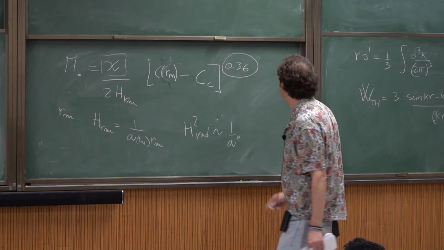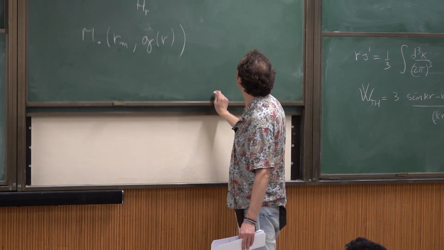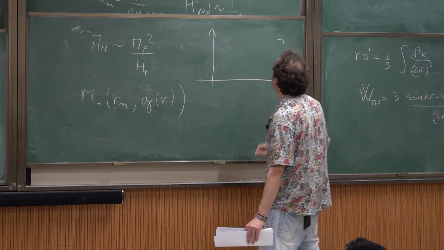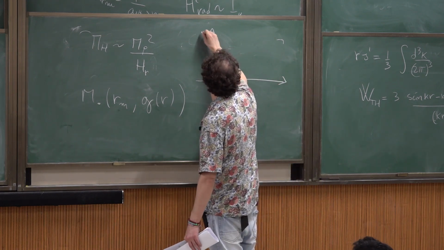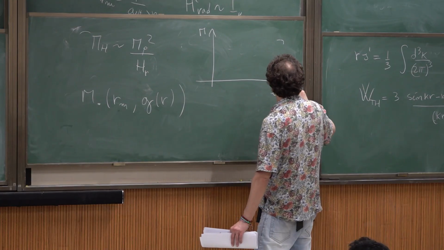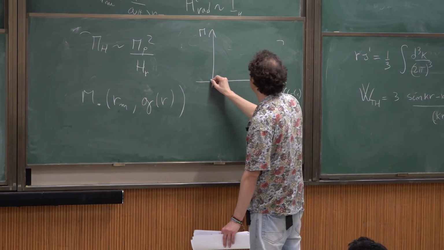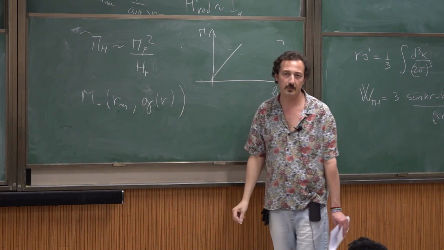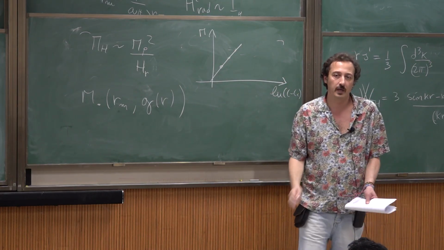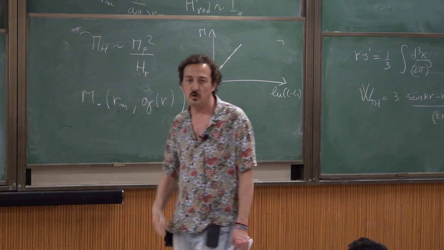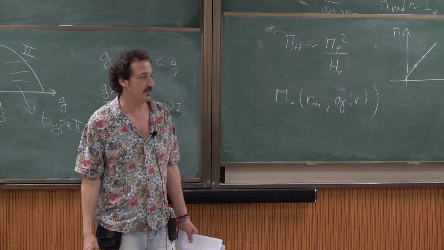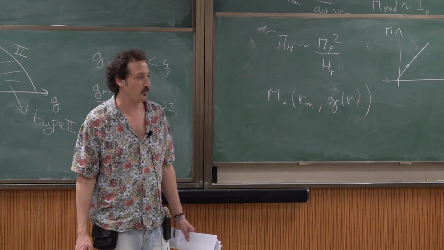So you basically see that if you do a plot of mass with respect to log of C minus C critical, all the points lie on a straight line. That's the same thing as the Choptuik result. Choptuik. I never can say it. Someone can say it for me.